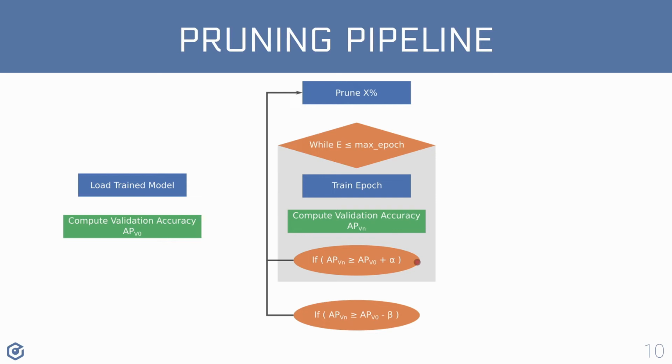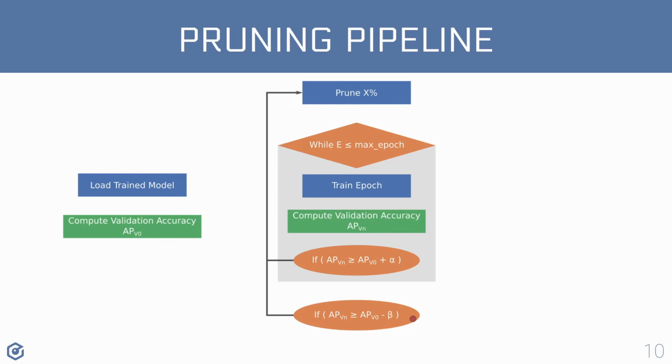Now we prune the same percentage, so 5% again, on our model. The reason we do this little check is in order to not overfit on our validation data. However, if we retrained for the maximum number of epochs and we still didn't reach this upper threshold, then we also allow the network to be slightly below the original validation accuracy.